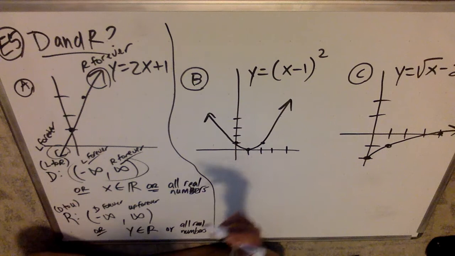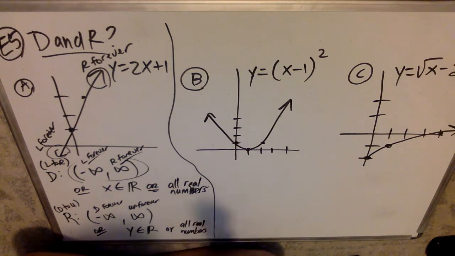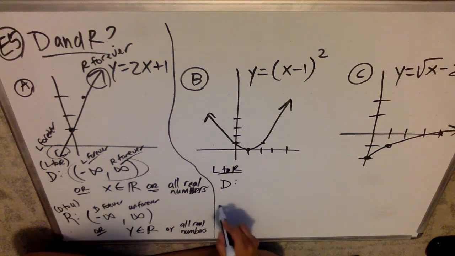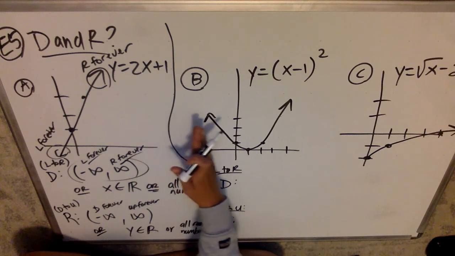So B is y equals x minus 1 quantity squared. If we go from left to right, use your hand. I start going from the left to the right.